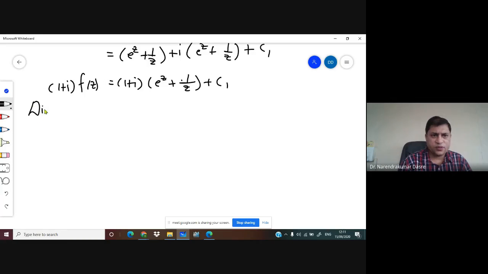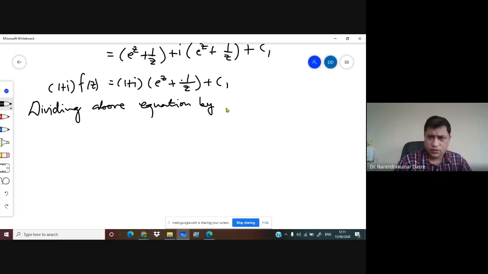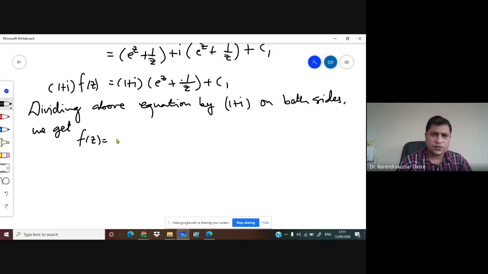So what we have to do is divide this equation by 1 plus i on both sides. Dividing the above equation by 1 plus i on both sides, we get f of z is equal to, this will get cancelled, so we'll be having e raised to z plus 1 upon z plus c1 upon 1 plus i.